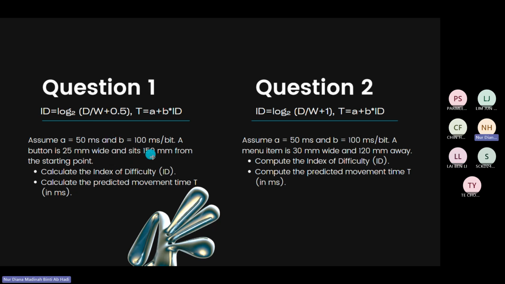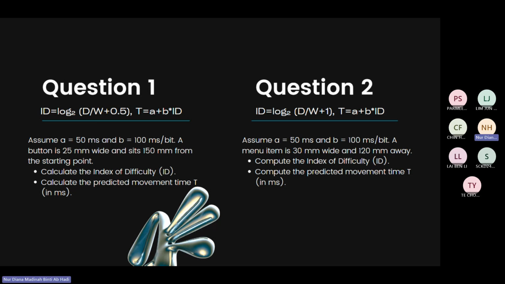Okay, from your ID, you put A plus B times 2.70 bits. So 50 ms plus 100 ms per bit times 2.70.